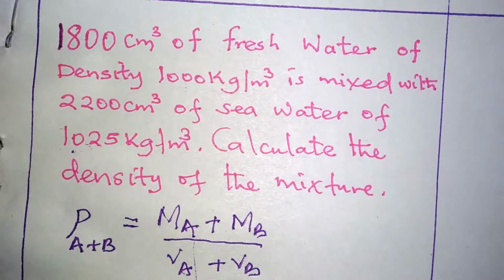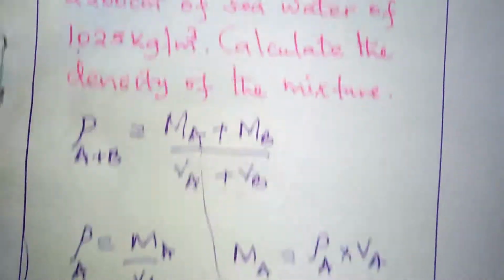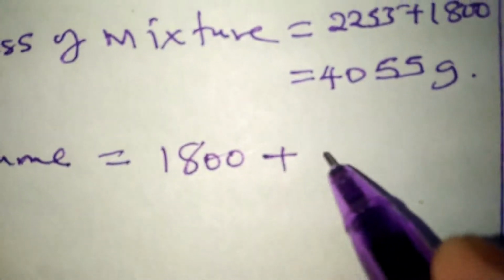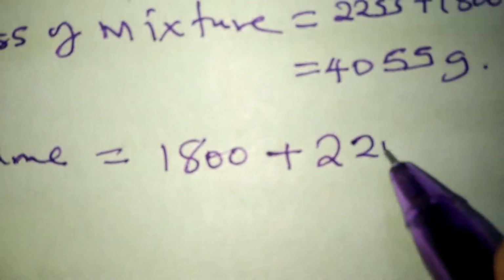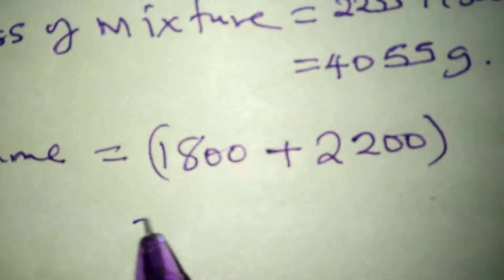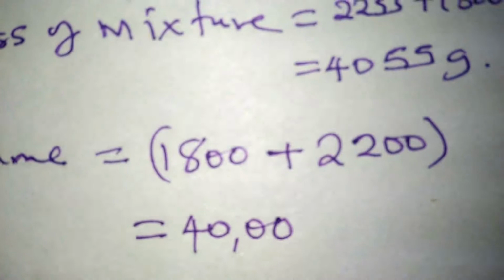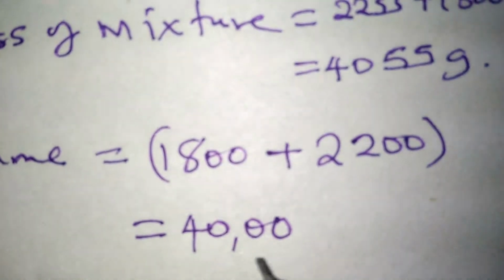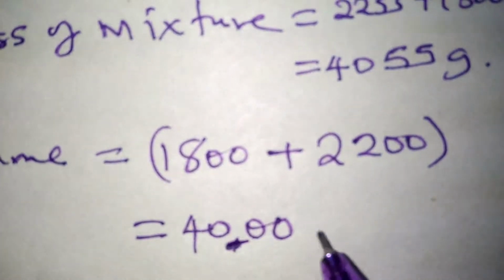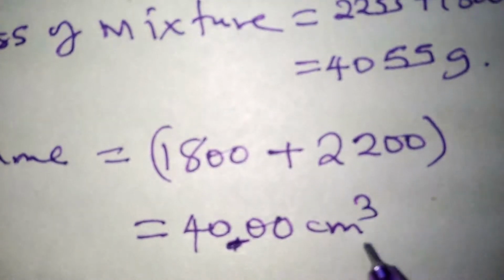We have 1800, we add to 2200, that gives us 4,000 centimeters cube.